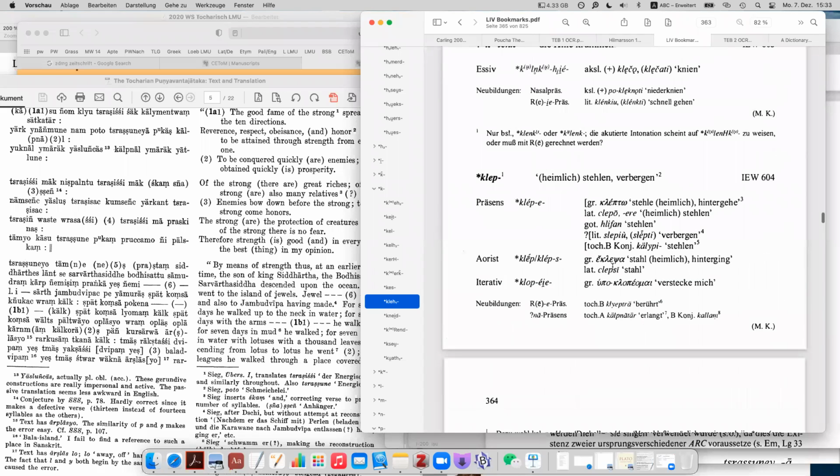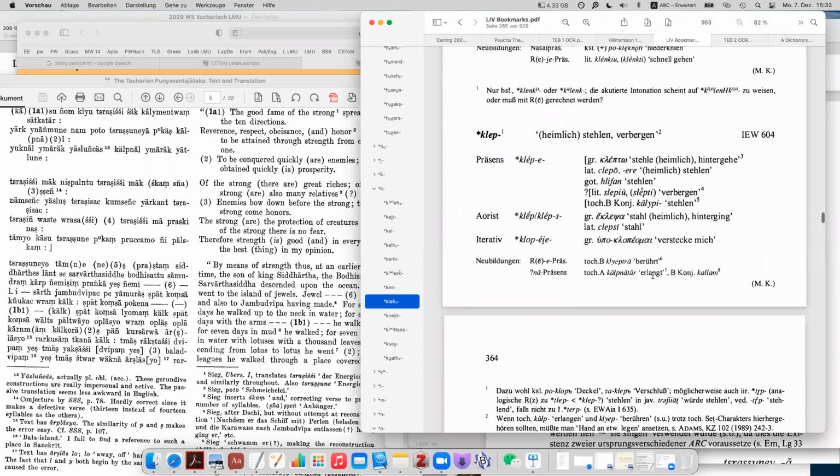Yeah. So actually, the Tocharian word kurp comes from the root klep. Klep originally means to stow, to verbergen, to hide something. So it's originally kind of a negative meaning, but then it obtains a neutral meaning, means obtain.